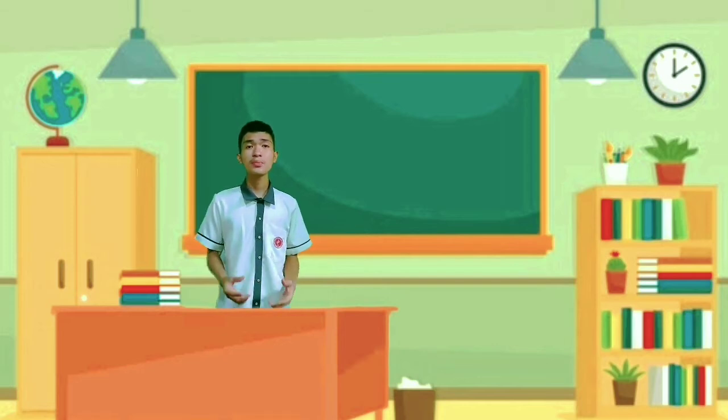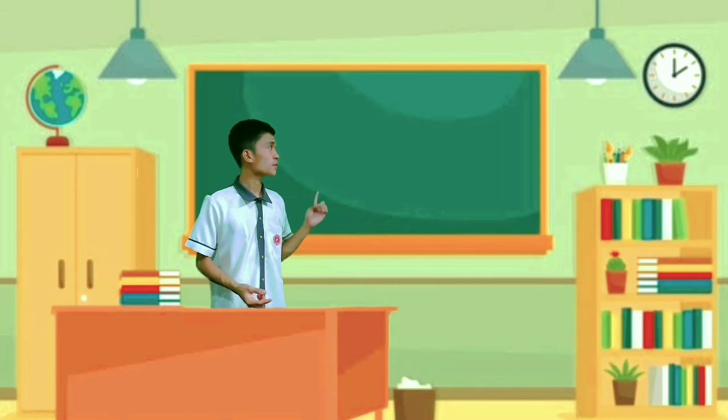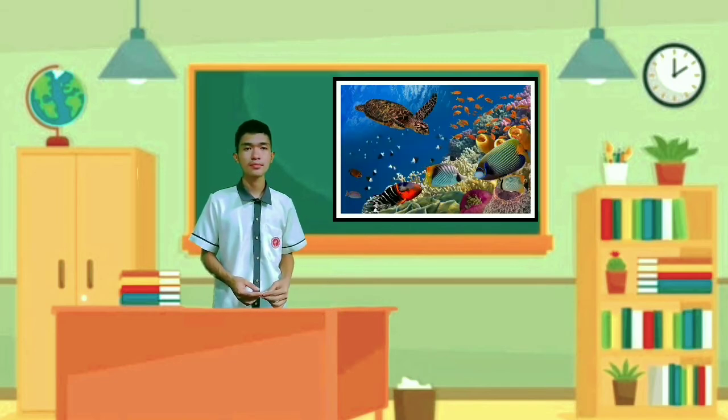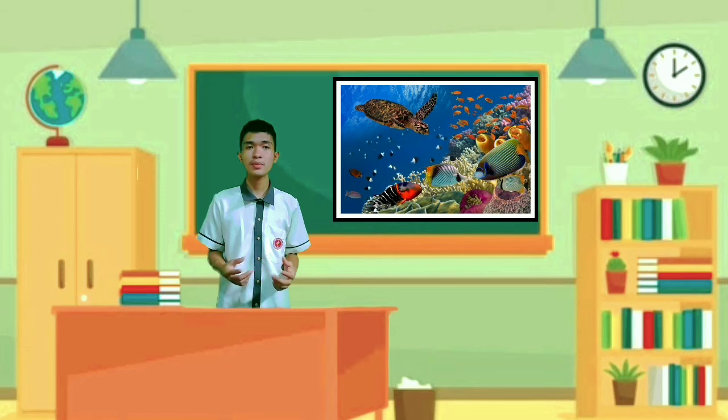Yes, they are present in the ecosystem. Does every component have a relationship with each other? Yes, they are related to each other. Give me one example from the picture that I've shown to you. This one. Very good. The water is where the marine animals live, and the corals are the breeding place and habitat of the fishes.